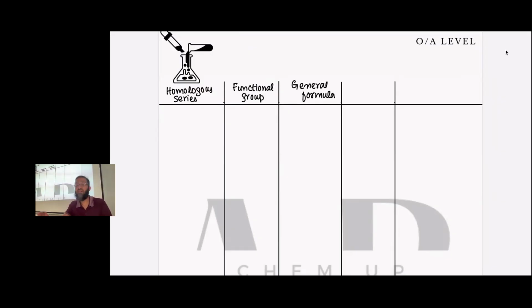General formulas and general names are very important. If you memorize the general formula, it will be very helpful for you to draw the structure and take out the molecular formula from those. And the last one is structure.